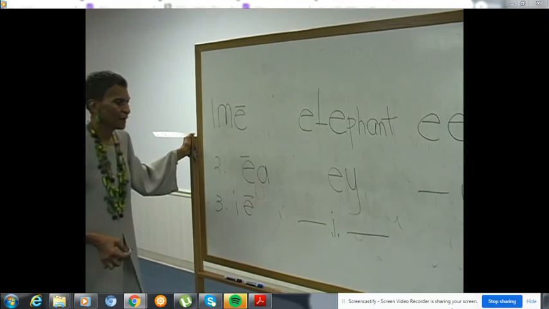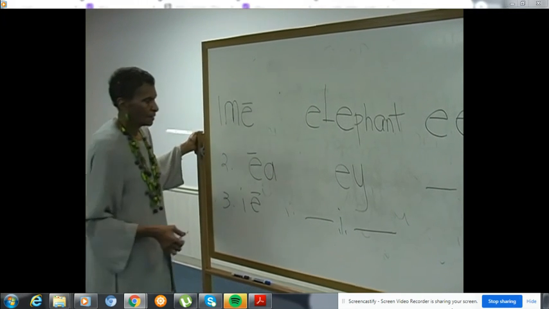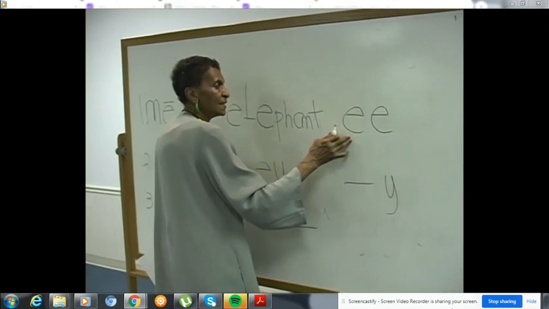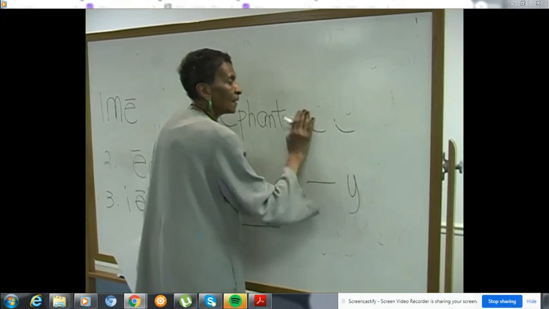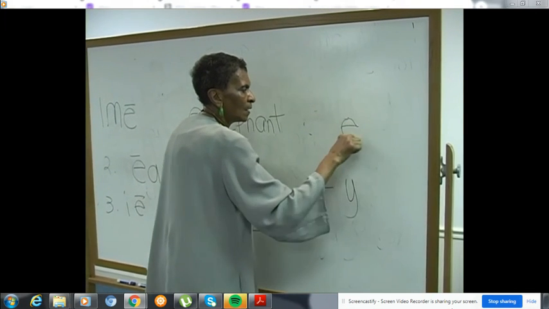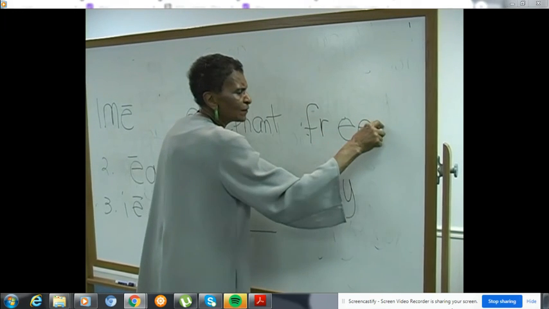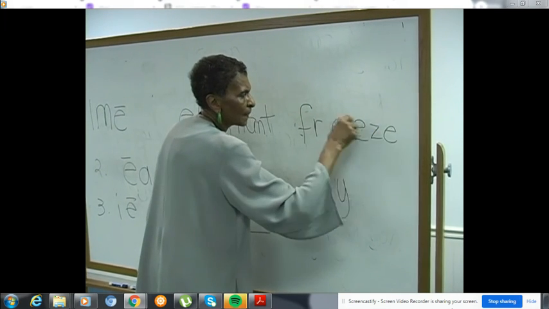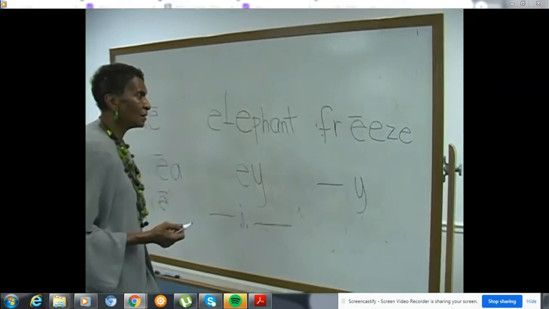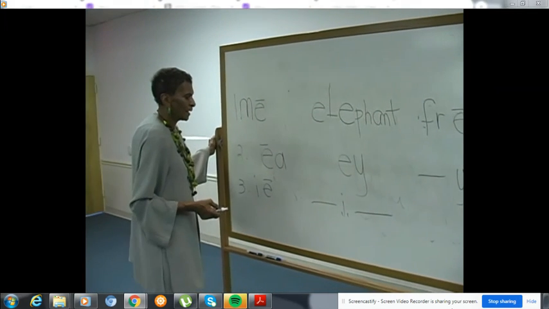And we have elephant. Double E says E. Here we have free, freeze. We mark our long vowels with a macron.